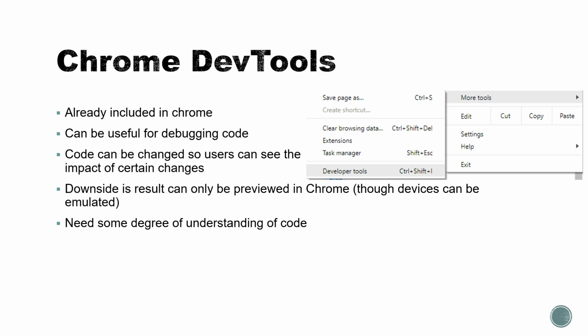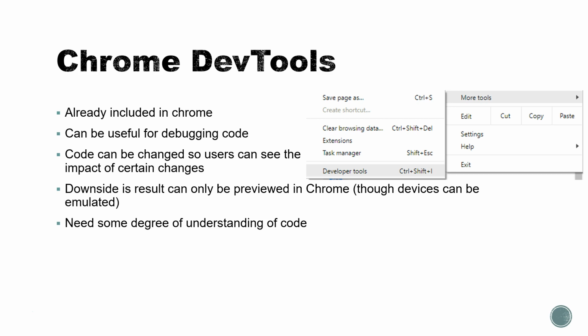But while you can preview these changes on a mobile phone emulator, I believe there may even be some tablet choices on there, you can't actually preview it in other web browsers, which is a downside, I would say, because actually Chrome, while being the most popular browser, is not so popular that no other browsers are used.